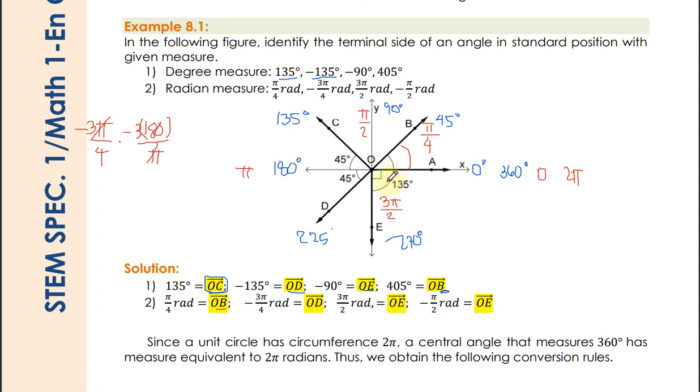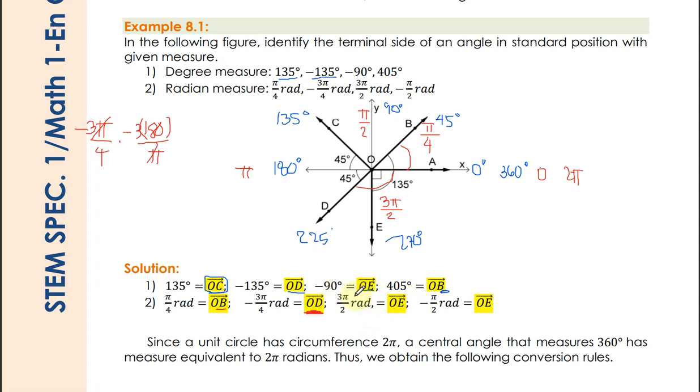So initial side A, this is 90, this is 135. So the answer here is OD, or ray OD.